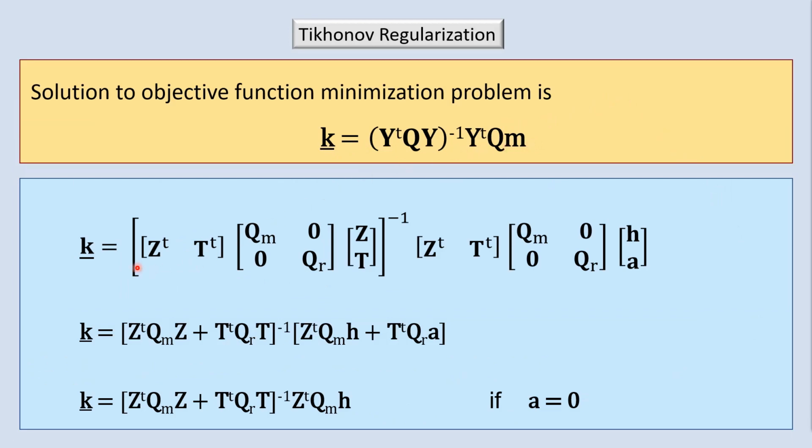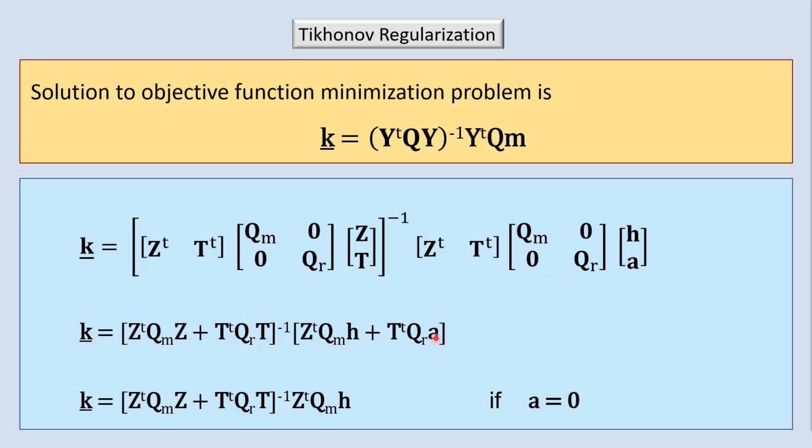We can rewrite that solution in terms of our original matrices, so by substituting the matrices that define each one of the matrices that appear in this equation, we obtain this equation for k hat, and if we do all the matrix multiplications we end up with this equation. K hat equals all those terms on the right.